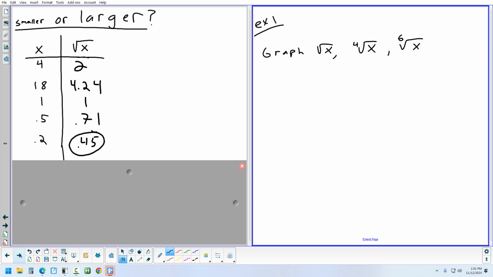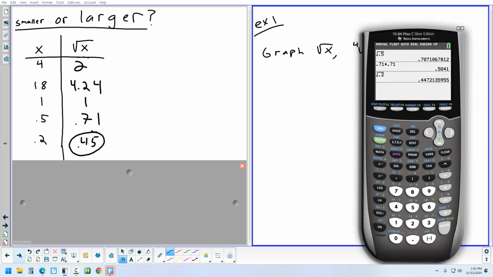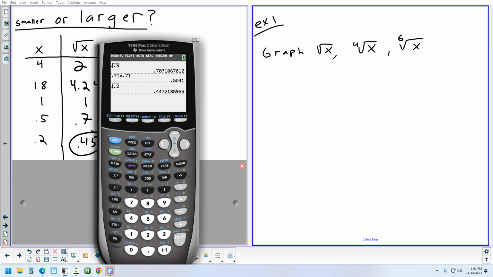Now, let's graph a few different square roots and compare them. I'm going to graph some even roots: a square root, a fourth root, and a sixth root. For the square root, you have a button. You can just press second and then x squared.